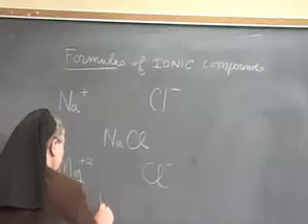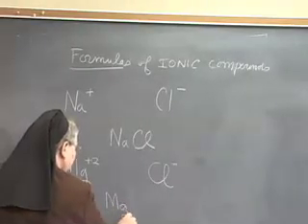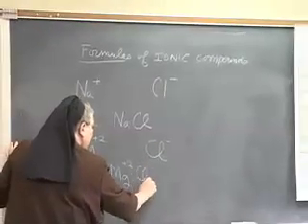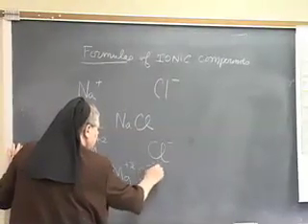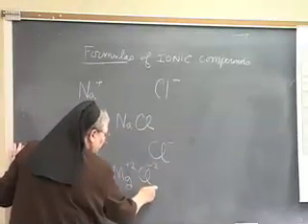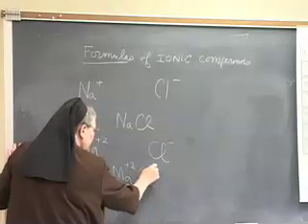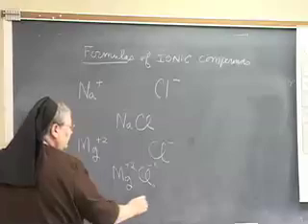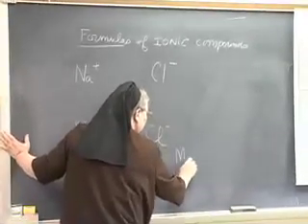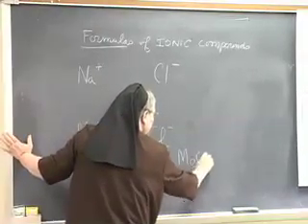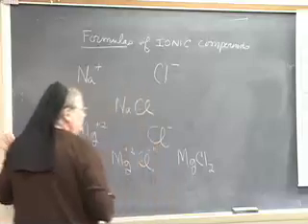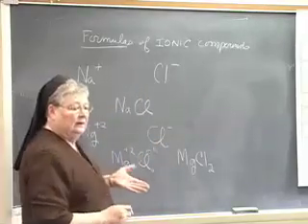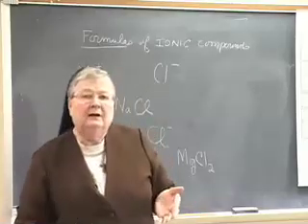In the final compound you shouldn't show any charges, but generally I have to take 2 of those and 1 of those. So the formula for this is MgCl2. That's magnesium chloride.